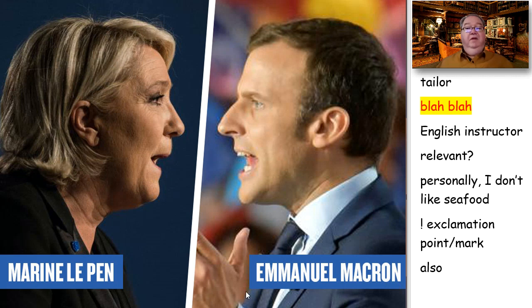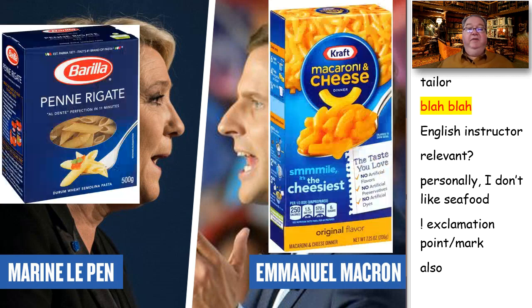And people had fun with this because their names sounded similar to a couple of other things. Le Pen sounds similar to penne. Penne is a type of pasta. You can see here it's this pasta with a tube shape, kind of an angled cut on the end, but this kind of long pasta with a tube shape.